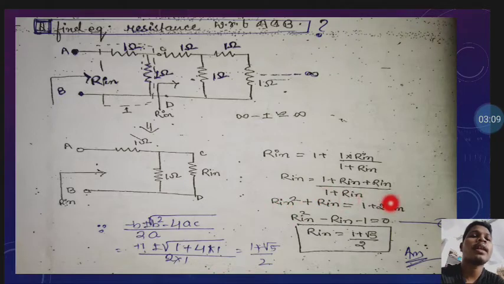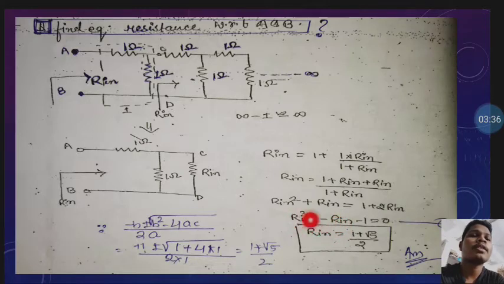In the right hand side, that is 1 plus R in plus R in, so there is 2 R in. Then you will get 1 plus 2 R in on the right hand side. After taking this 1 plus 2 R in to the left hand side, 2 R in and R in will cancel and one R in is left.